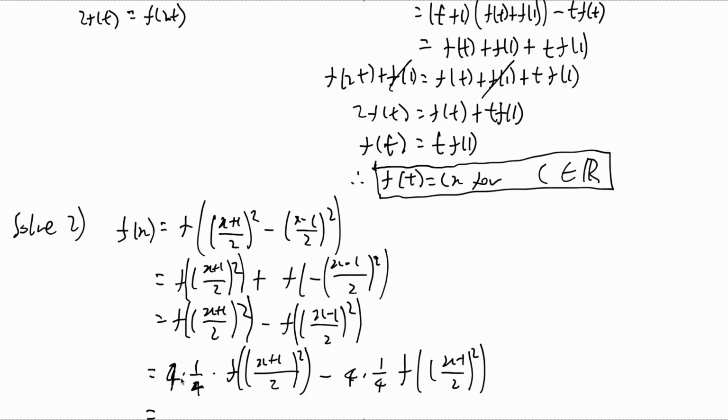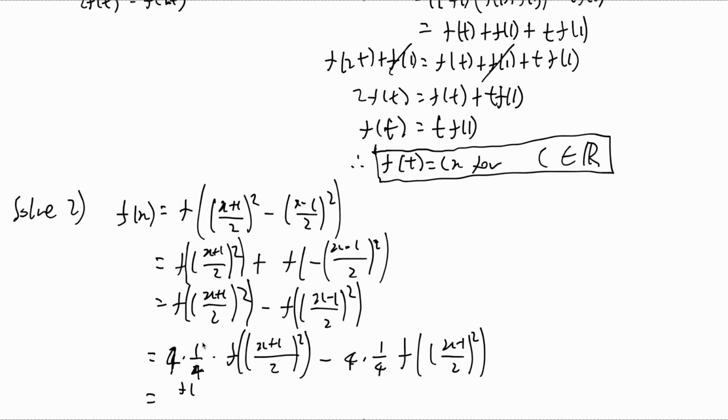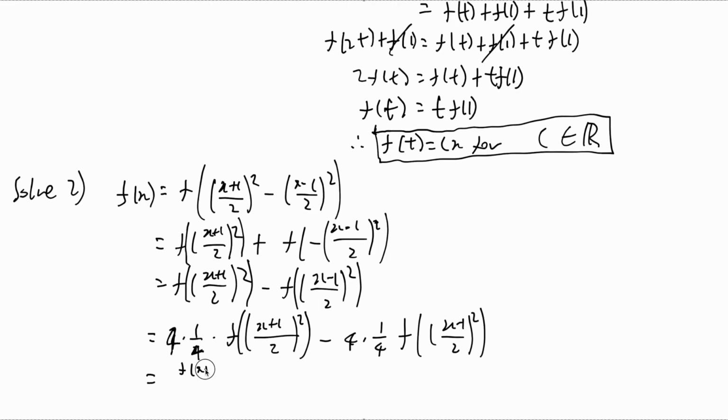So doing it once and doing it one more time, we get f of x plus 1 squared over 4 minus f of x minus 1 squared over 4.